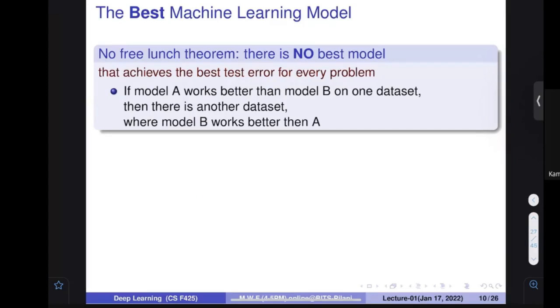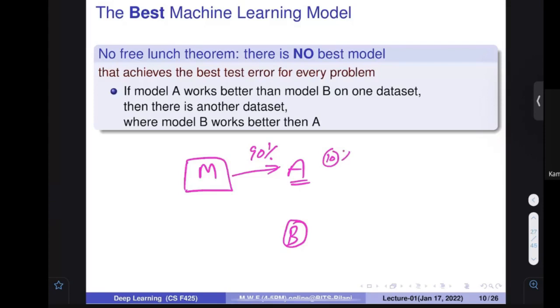Sometimes people ask, can you give me the best machine learning model? The answer is no. Because if, for example, you have a model, maybe a neural network or some XYZ kind of model, and on a database A your accuracy is 90%, I can always come up with another carefully selected database. If accuracy is 90%, 10% of the examples are where there is a problem.